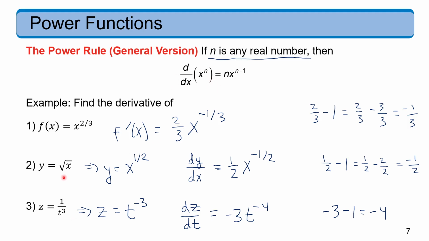So you can rewrite a square root as a 1/2 power. Similarly, you could rewrite a cube root as a 1/3 power. Right, so any root you can rewrite as a power. And then if you have a variable to a power in the denominator, you'll need to remember you can rewrite those using a negative exponent. And then once you get it in the form of a power function like this, then you just apply the power rule.